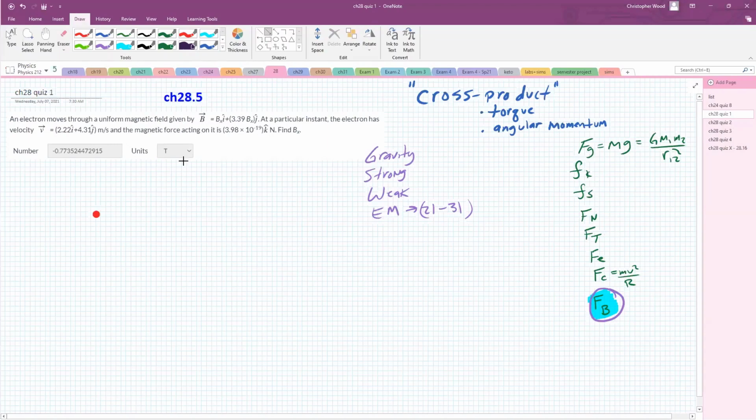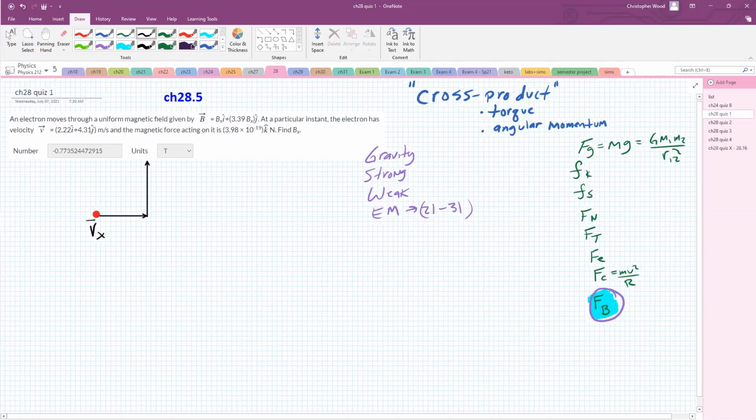At this instant, here's my electron's velocity: 2.21 meters per second in the I hat. There's my X velocity. And 4.31 meters per second in the J hat direction. Here's my Y velocity. So I'm going to label this, this is the electron's X component.